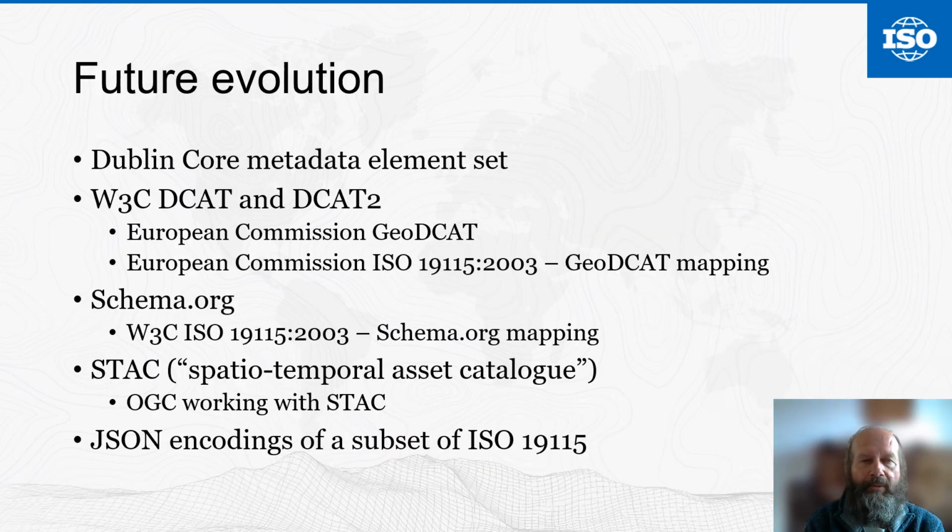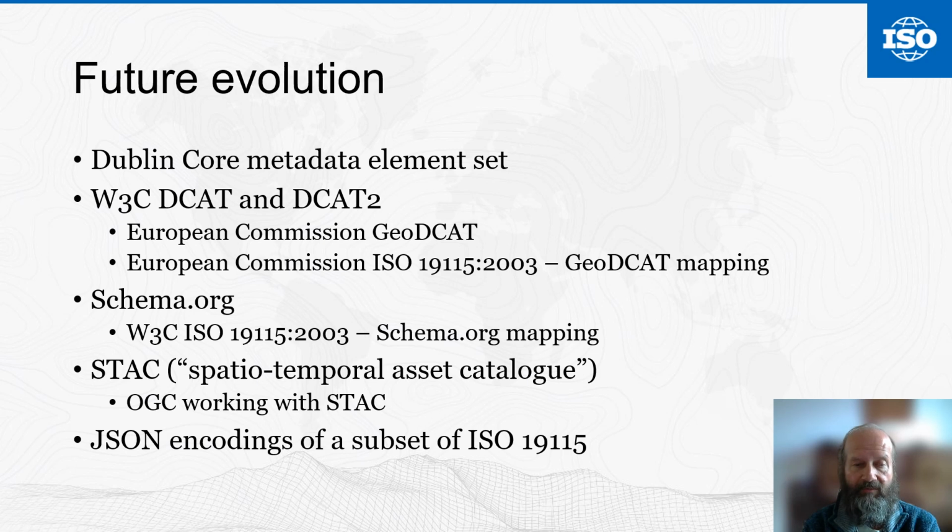Meanwhile, the community outside of TC211 has been evolving its standards as well. The Dublin Core standard has evolved over time, and W3C have published DCAT based on it, and moved that to DCAT 2, and are currently working on DCAT 3. The European Commission has done work to geo-enable DCAT and helpfully produced a mapping from the old 19115 to GeoDCAT.